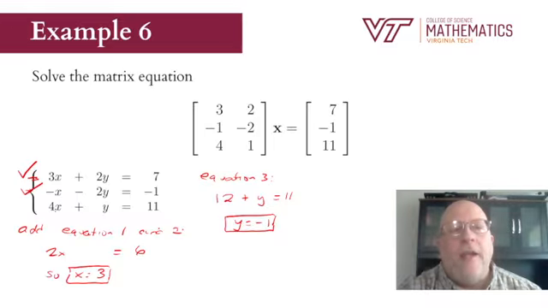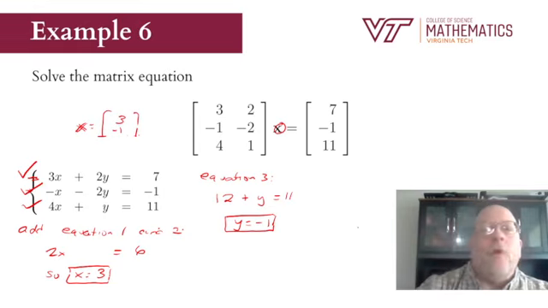That equation checks. And 4 times 3 is 12. 12 plus negative 1 is 11. So that equation checks. And so our solution is that x here is the vector 3 and negative 1. All right.